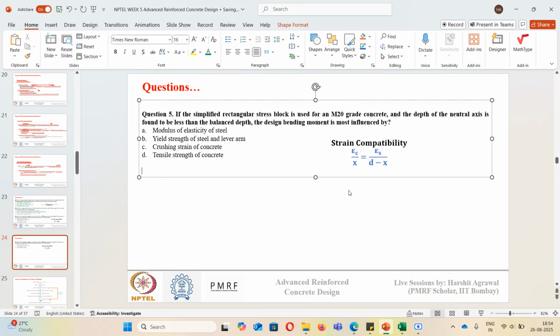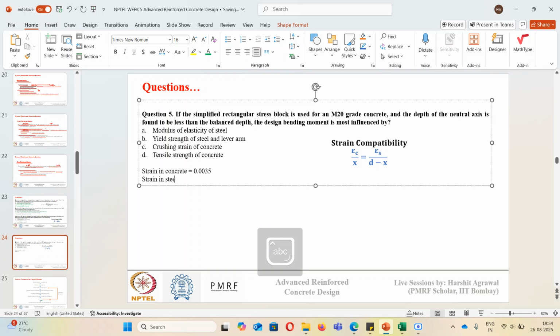So I know at balanced section, the strain in concrete is 0.0035. I know the strain in steel is equal to 0.0025. Now, let's assume the effective depth of my member, small d, is suppose 500. I'm just taking one value.